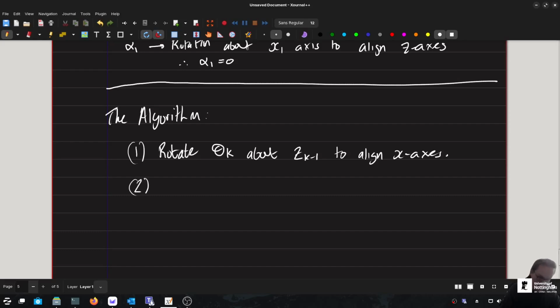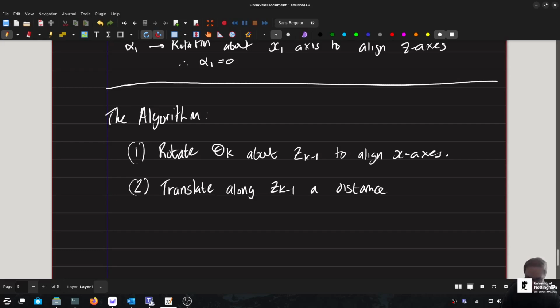Second, we need to translate along zk minus 1 a distance dk to align xk minus 1 to xk.